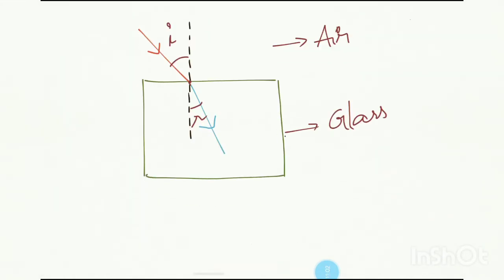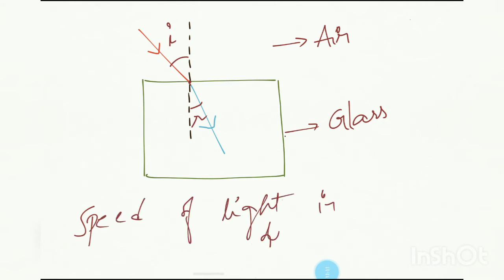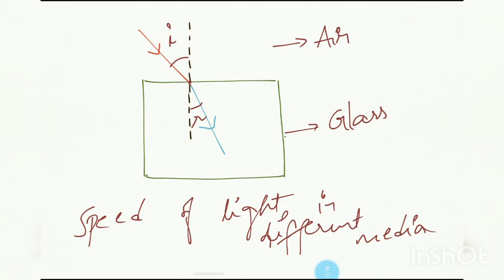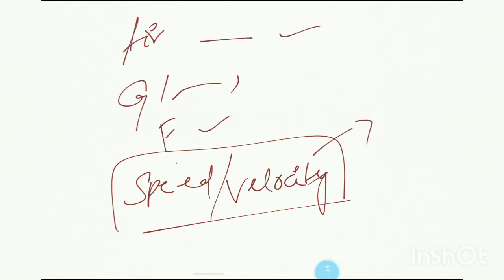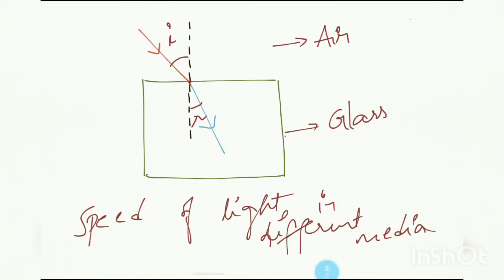It is all because of the difference in speed of light in different materials or mediums. So refraction takes place because of the speed of light in different materials. Now in air, it is going to be something different, like 1 point something. Now if you take it in a glass slab, it is obviously going to be more. That is because it is denser. Now I have to tell you one more thing. Air's density is lesser than obviously glass.